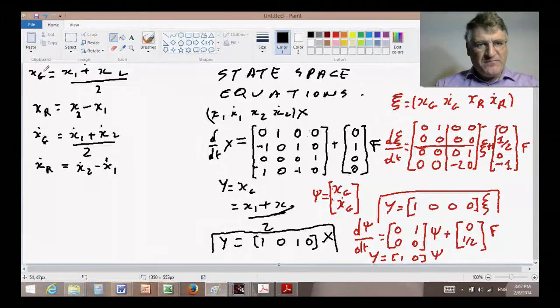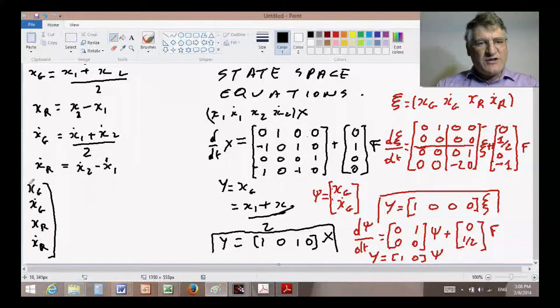If I write this in state space form by respecting the order in which xg dot appear, I can write that equivalently the vector xg dot, xr dot can be written as a certain matrix times x1, x2, x1 dot, x2 dot.